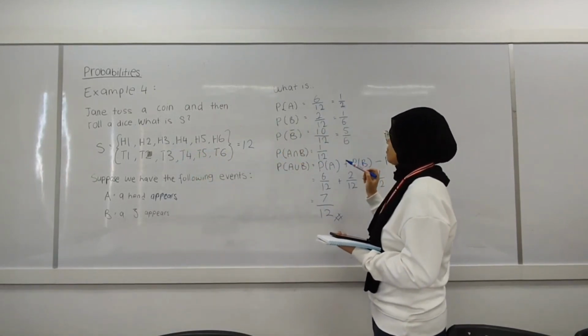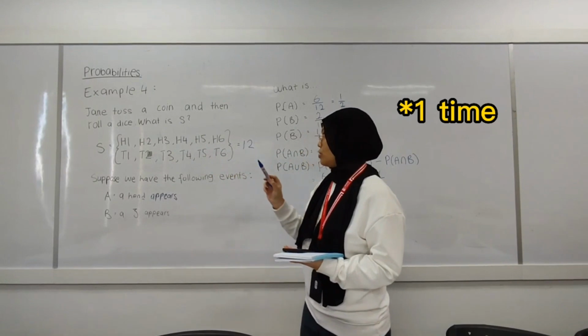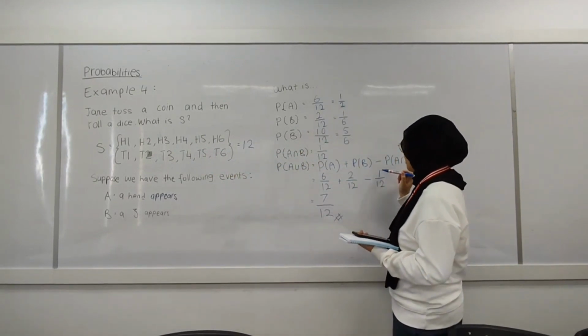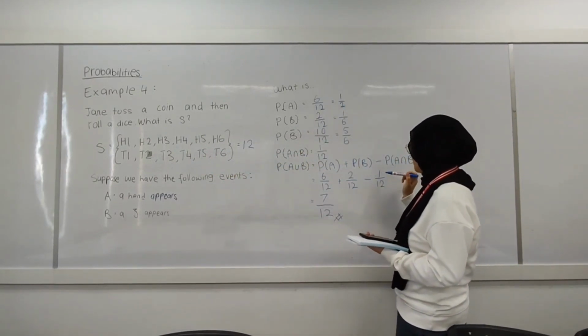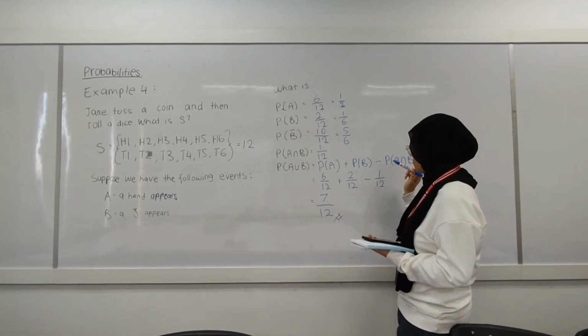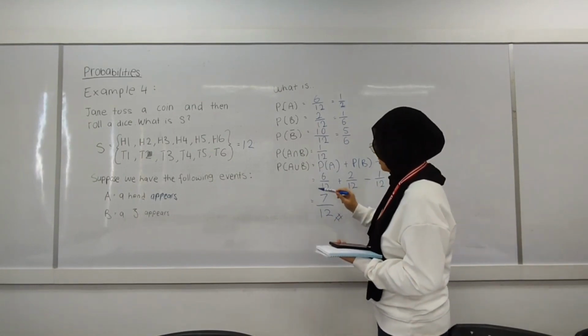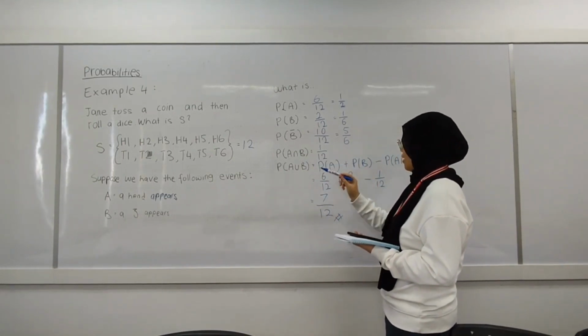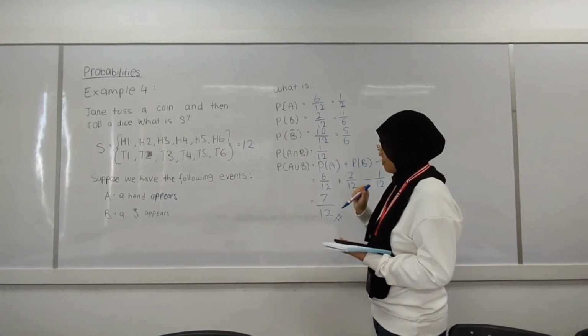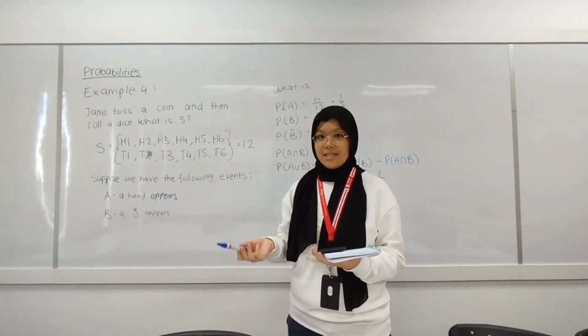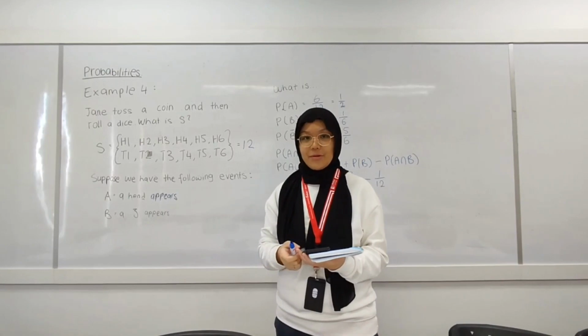So both of them count H3 2 times. That's why we must subtract 1 over 12 to get the probability of A union B. So that's it for my topic, probabilities.